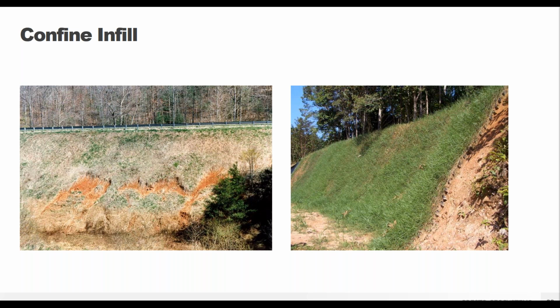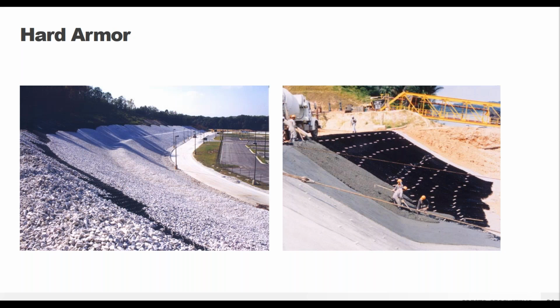I will say vegetated slopes, so with the topsoil and then growing grass, are going to be the most popular option for slope protection because they do result in a more attractive slope and there's little to no maintenance required. So always a positive. But hard armor, so stone or concrete infill, is definitely an option.